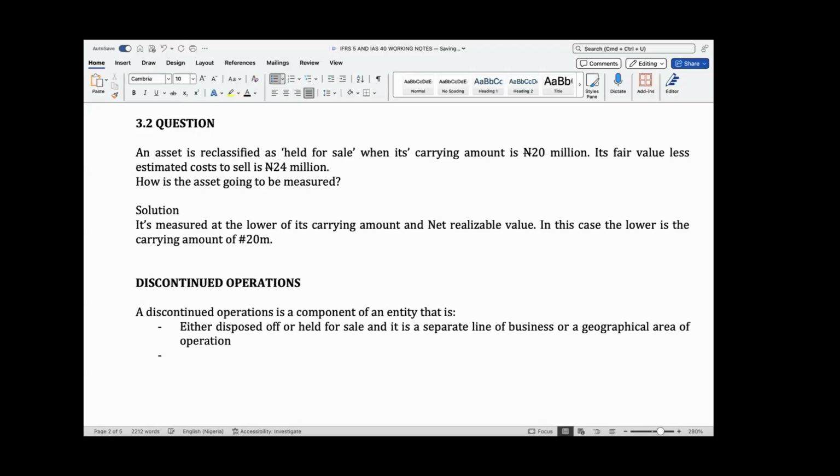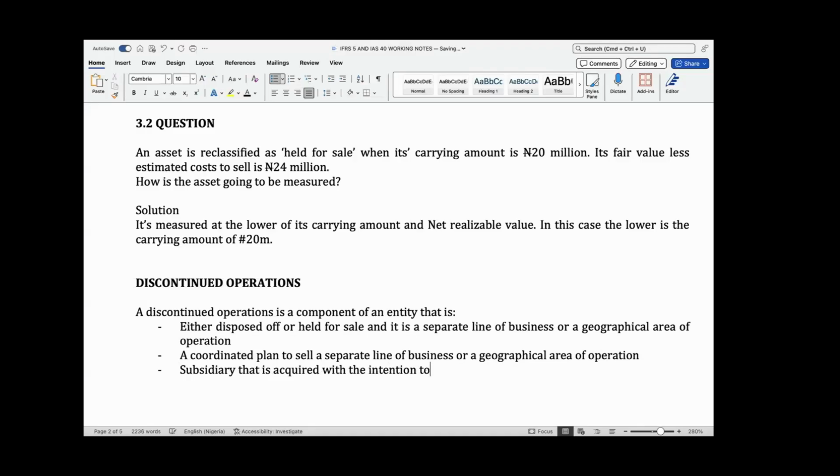Or we can say that it is a coordinated plan to sell a separate line of business or a geographical area of operation, or it can be a subsidiary that is acquired with the intention to resell.